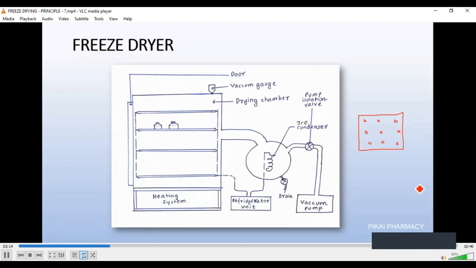What you are seeing right now is the side view of this whole chamber. From the top, the plate looks like this, and these are the perforations on the plates. So why do we need these perforations? At the bottom of this chamber there is a heating system, and from this heating system hot air comes up for drying. This hot air needs to be circulated throughout the chamber properly.